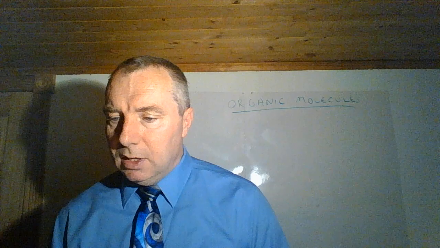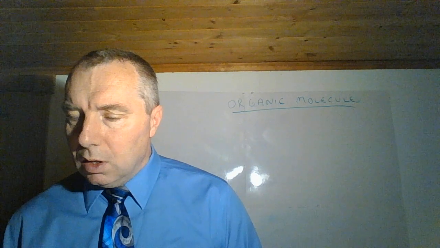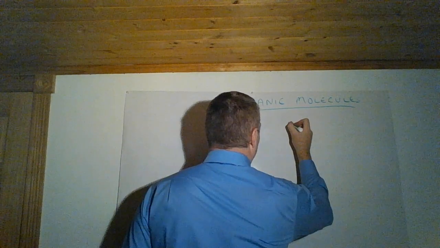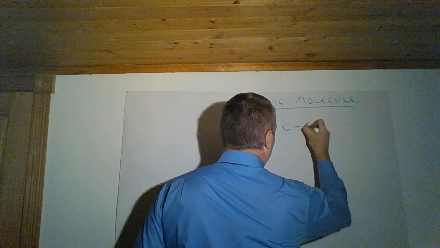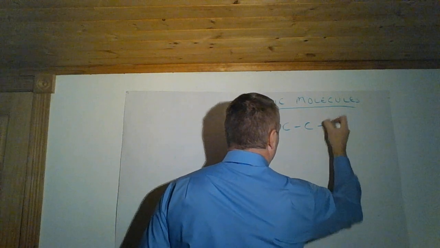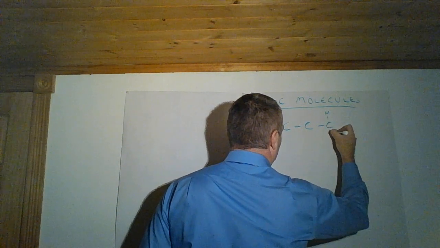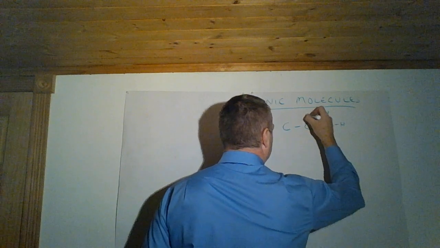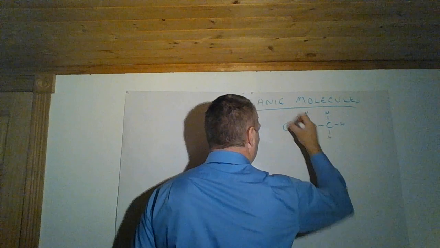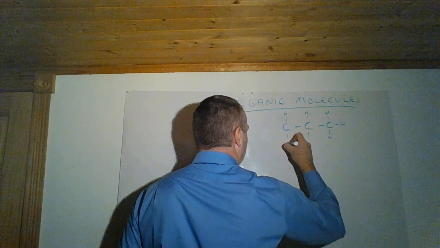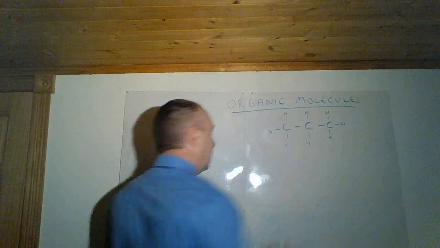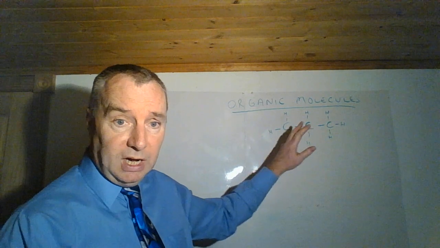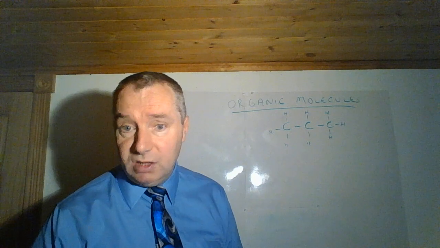So, in biological molecules, we have this situation going on. Each carbon can make 4 bonds, and it can make them with either another carbon or with a hydrogen or an oxygen.